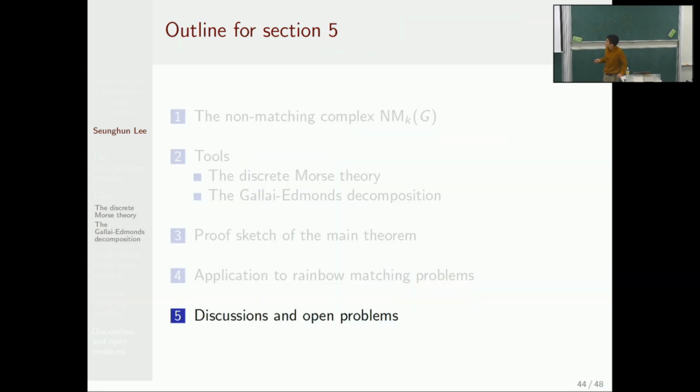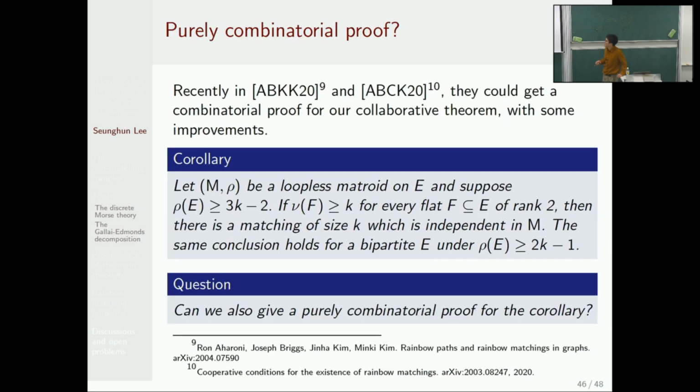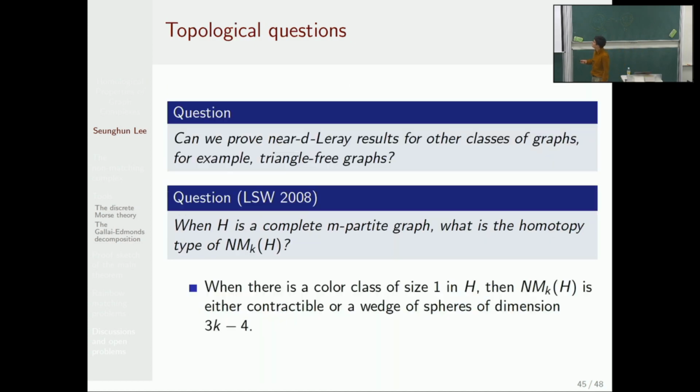I'll skip many discussions here, but I would like to introduce this part. Recently, Aharoni's group, Aharoni, Briggs, Minho Cho, and Gina Kim, found a combinatorial proof of this example with slight improvements.